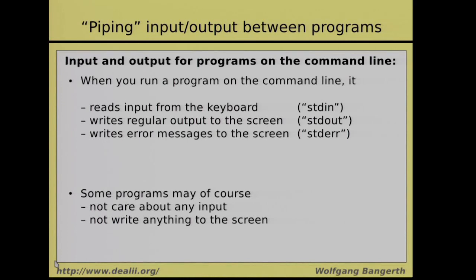One of the things that's really useful is that you can oftentimes use the output of one program as the input for the next. I should say that some programs, of course, do not care about input from the shell window, like the Emacs I showed you earlier, or maybe they don't write anything to the screen either. Emacs puts its output into a window, but not onto the shell.